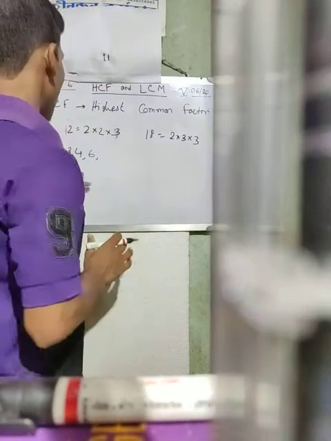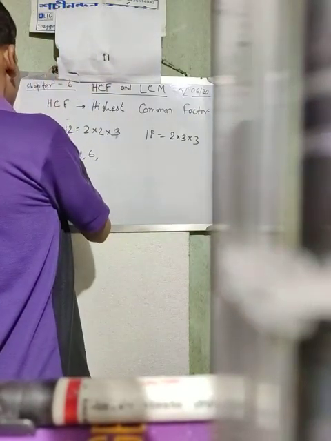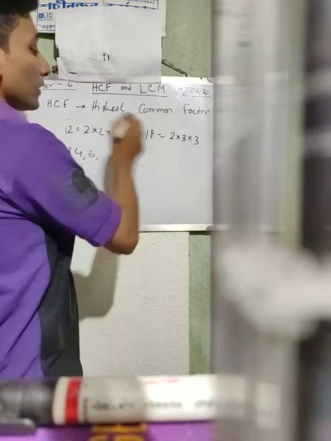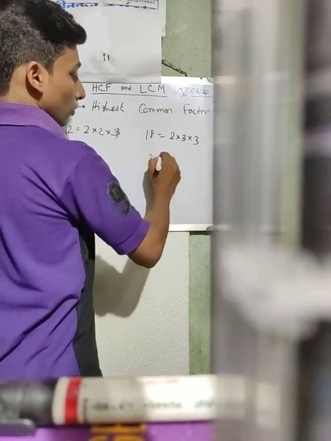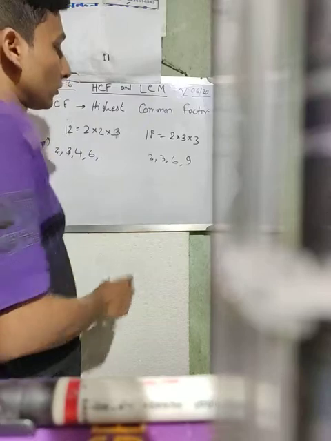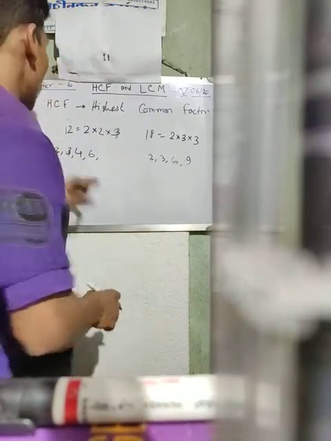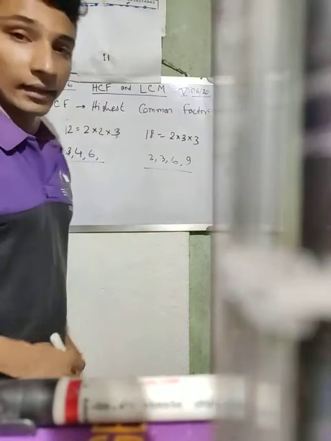So 2, 3, 4, 6 are the factors of 12. Similarly for 18, factors are 2, 3, 6, 9. So these are the factors of 12 and these are the factors of 18.